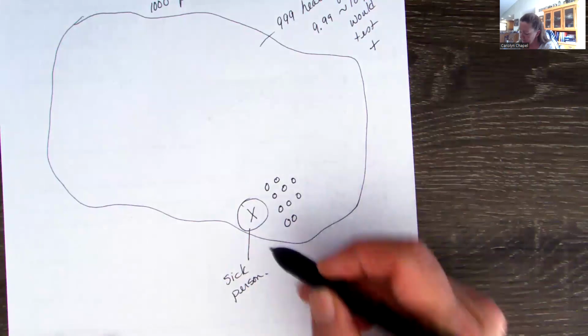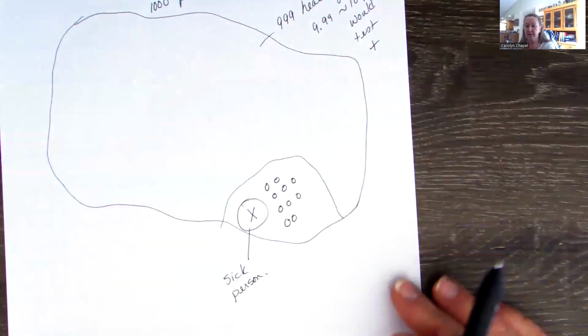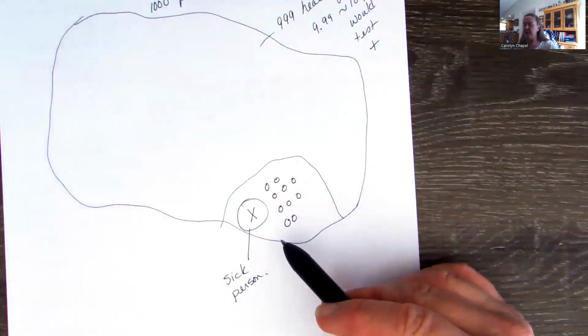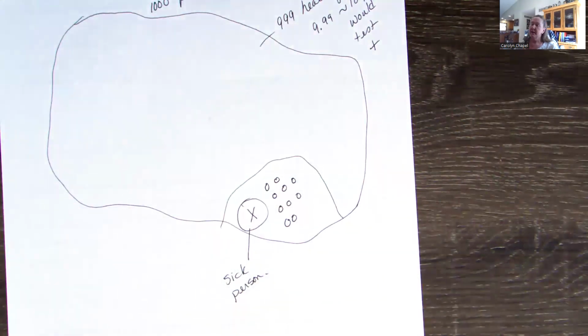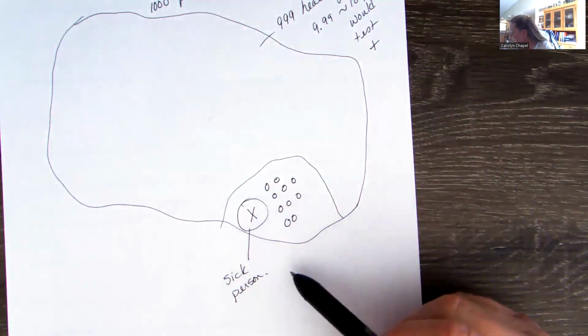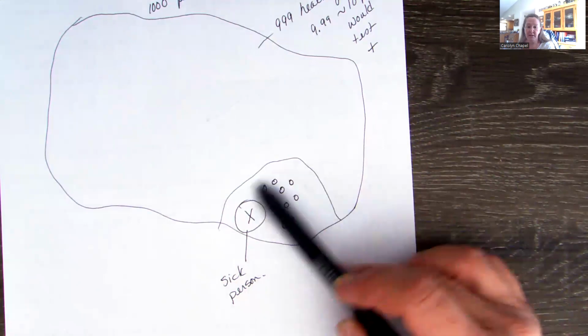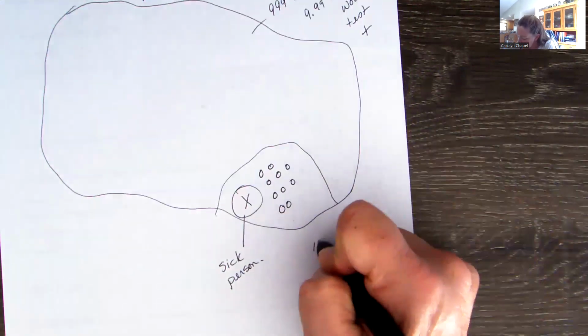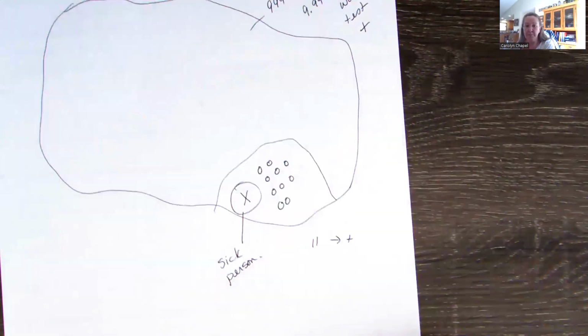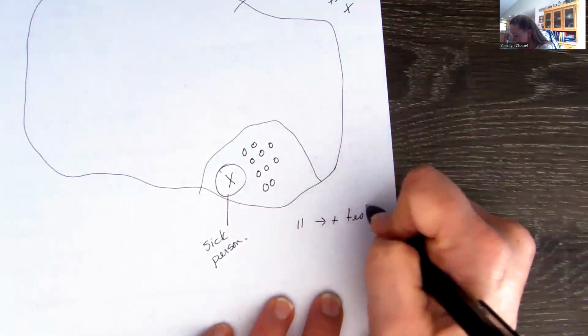And let's just throw our sick person in there with them. And let's say he had an accurate test, and not worry about the minimal chance that he would have gotten that incorrect test. But now we have 11 people here. 11 positive tested people, positive tests.